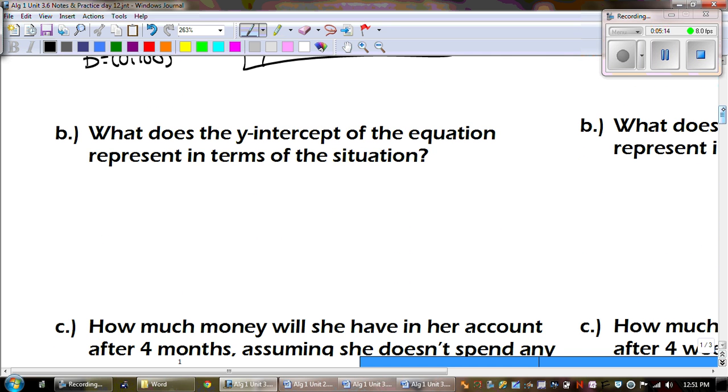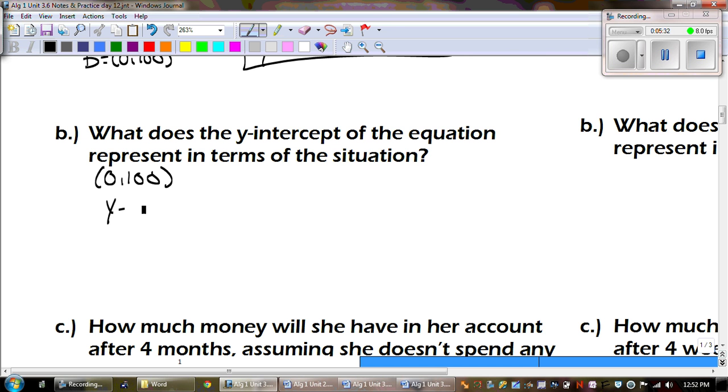All right, letter B. It says, what does the y-intercept of the equation represent in terms of the situation? Well, the y-intercept, what was the y-intercept again? It was (0, 100). Well, what did that say?